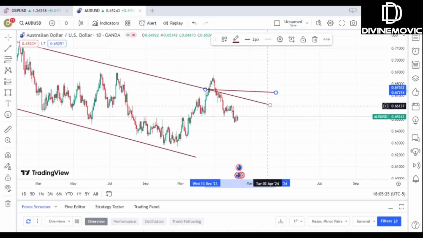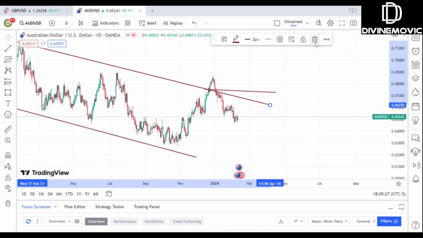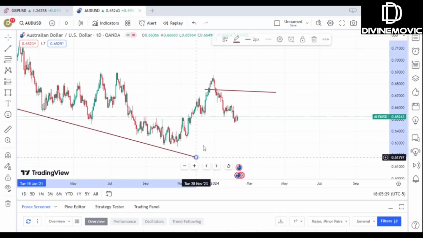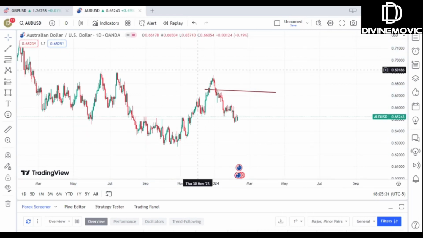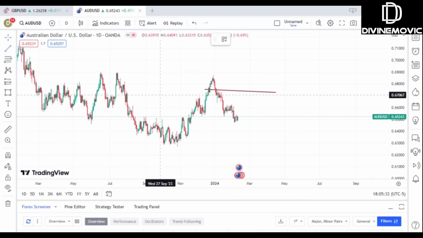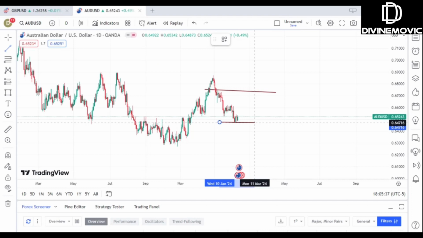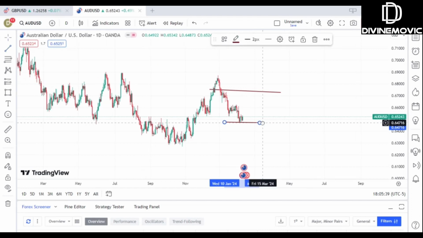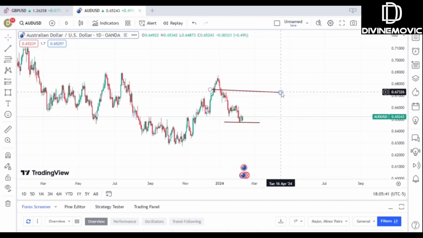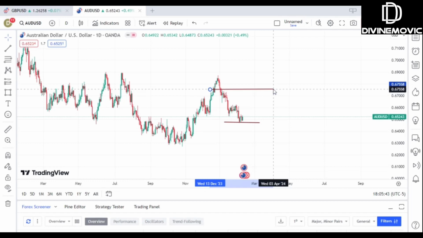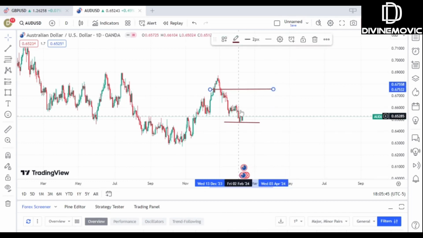Let me move this one here. Let me move this one as well. And the current place price is simply my support level here. So what I'm going to do is pay attention to what price is doing at this level and on this level.